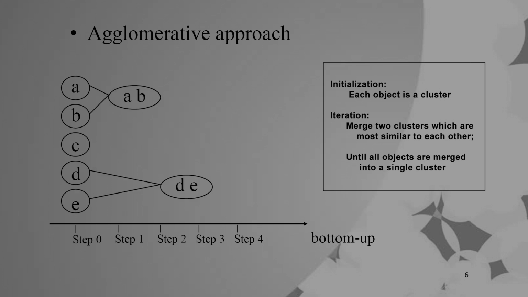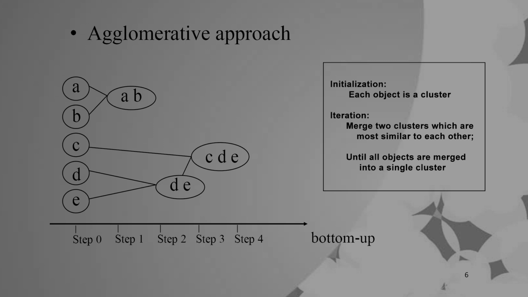The next step, if you see on the right, is the iteration step. Here, we merge two clusters which are most similar to each other until all the objects are merged into a single cluster. Let us do this on the left hand side. Let us go bottom up. We just formed 5 clusters: A, B, C, D, and E. At the next level, I will merge two into a cluster.